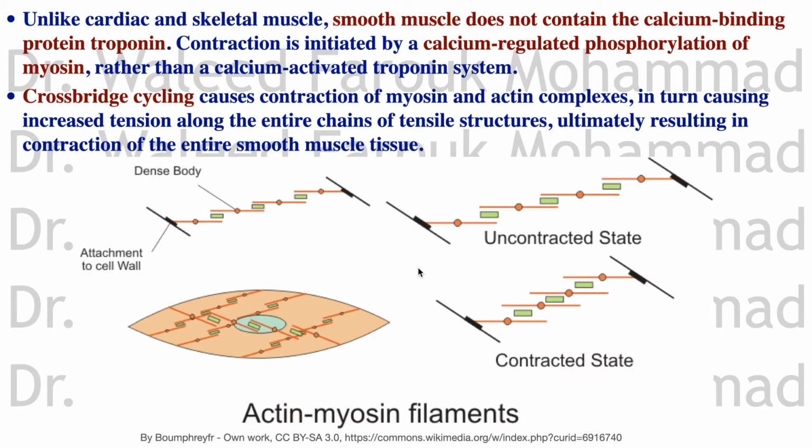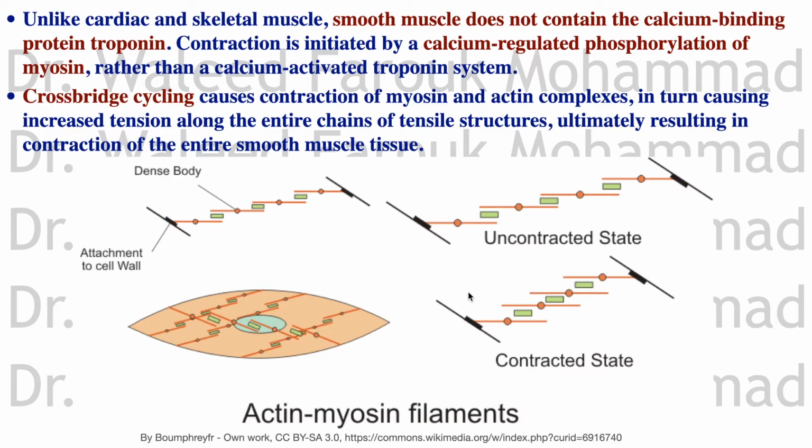Contraction is initiated by phosphorylation of myosin itself, rather than depending on a troponin molecule to be activated by calcium, which does not exist. The cross-bridge cycling causes contraction of myosin and actin, and in turn increased tension along the entire chains of tensile structures, ultimately resulting in contraction of the entire smooth muscle tissue.